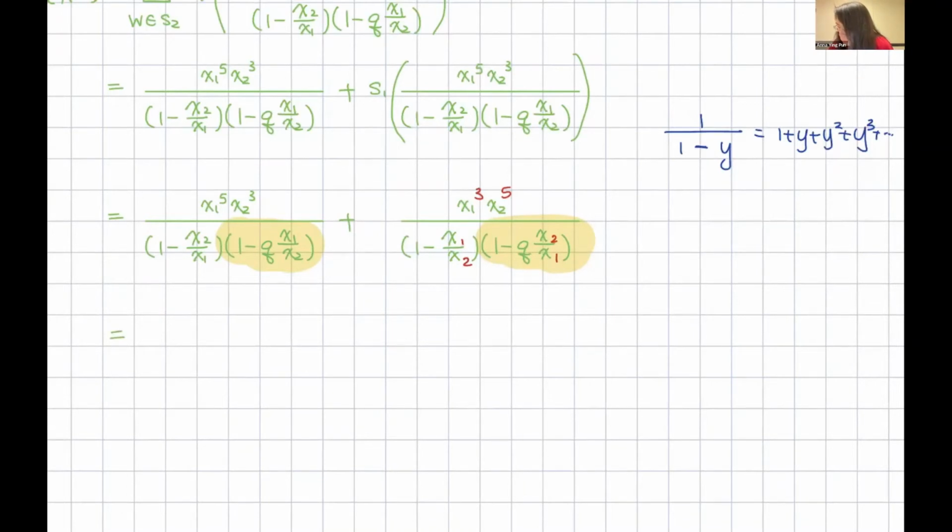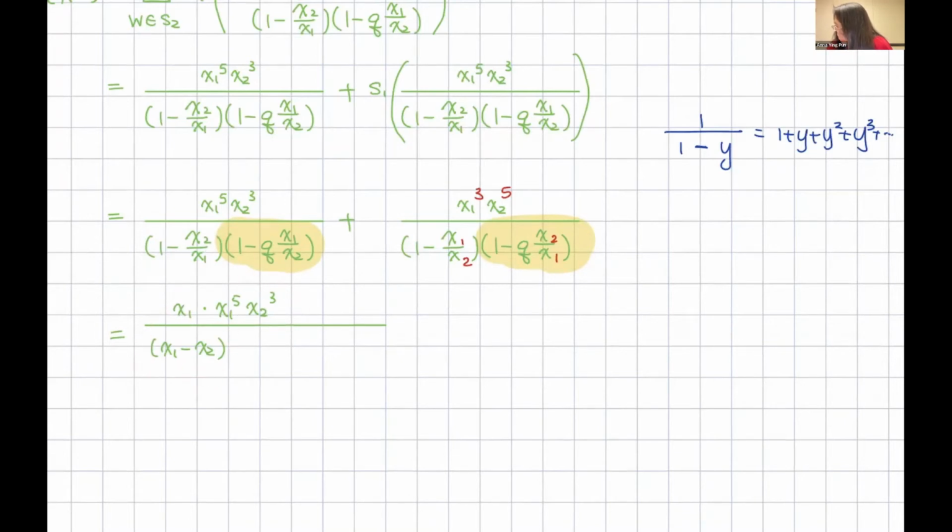Okay, so let's really do it and see what I mean here. The first one is x1 to the 5, x2 cubed, and then multiplied by x1 minus x2. All these are from this side.